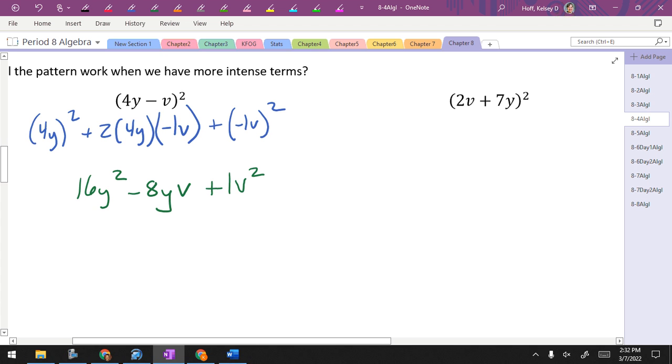Try the one on the right on your own. 2v plus 7y squared.